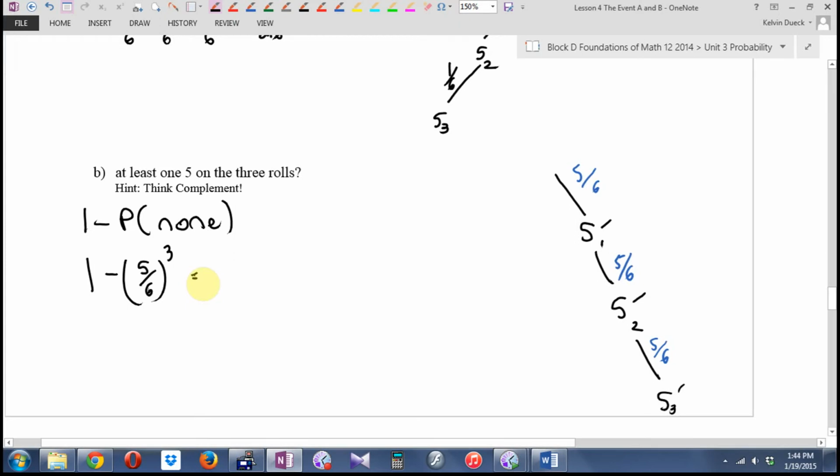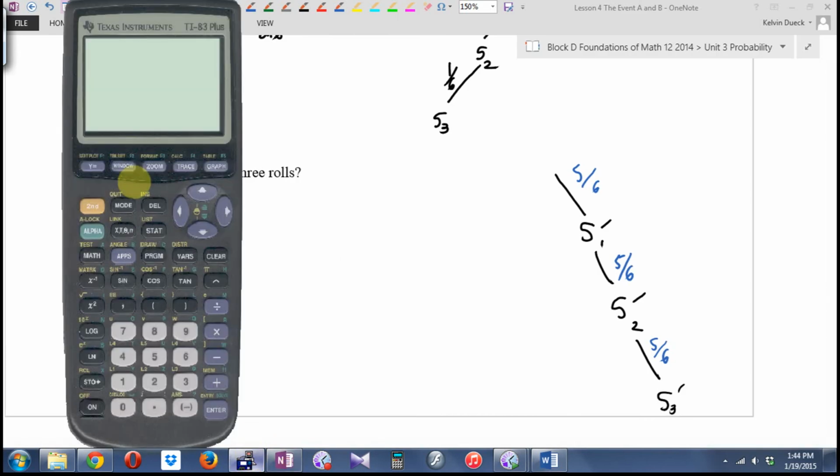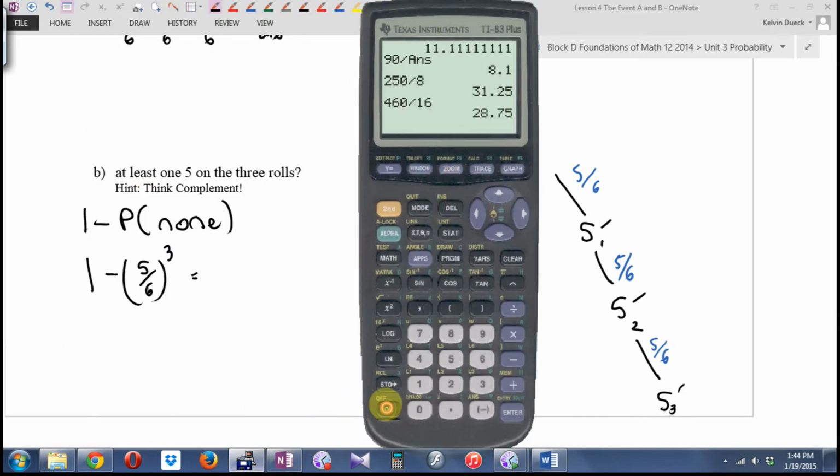Now you can use your fraction button and whatever. On my TI, it's going to be 1 minus bracket 5 divided by 6, to the third. As a decimal, it's that. As a fraction, is it 91 out of 216?